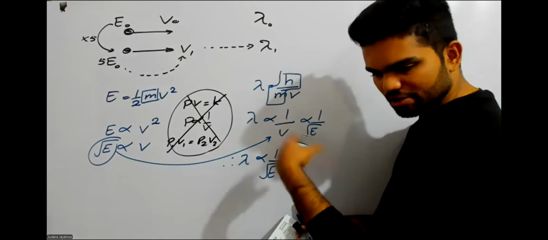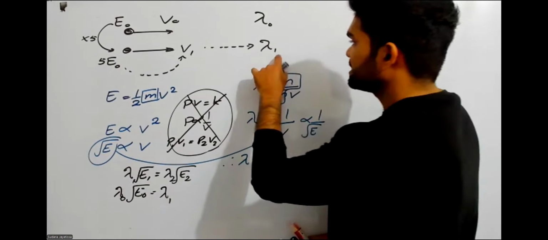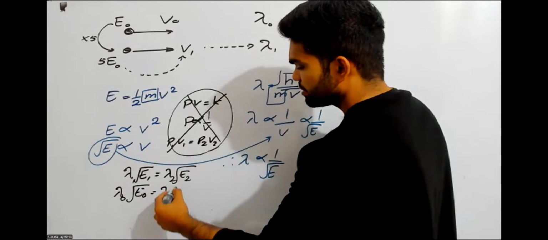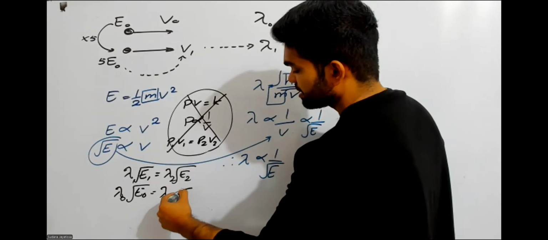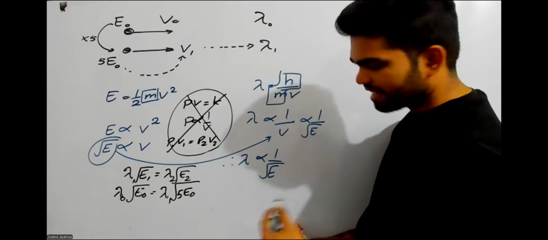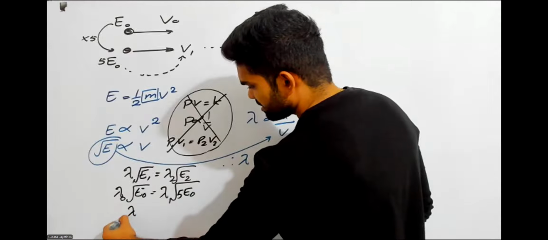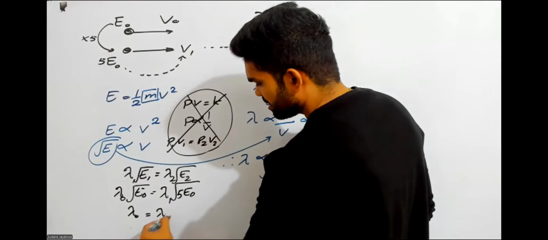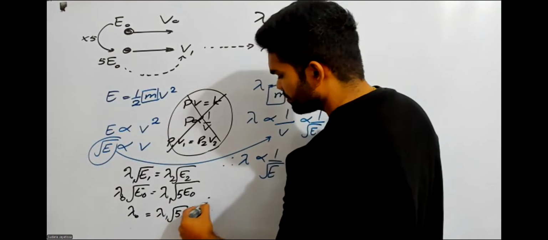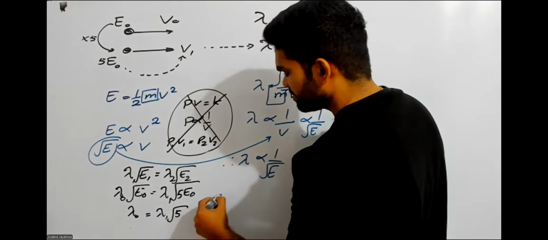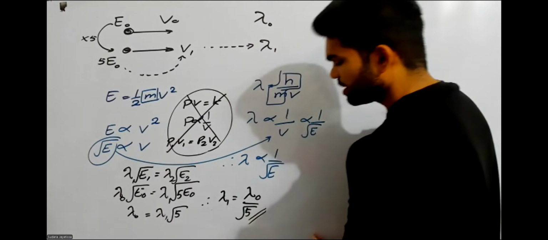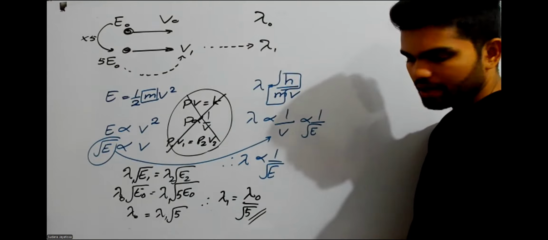Then you have lambda 1 that I mentioned here, and E2 is 5 E naught, root. Now you can see root E naught cancels, and you are left with root 5. So lambda naught equals lambda 1 root 5. Therefore lambda 1 will be lambda naught over root 5. This is your answer.